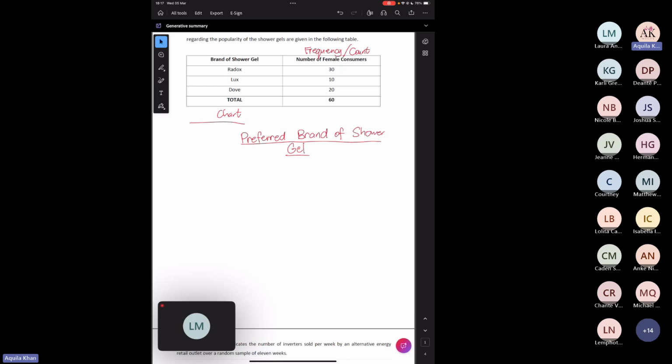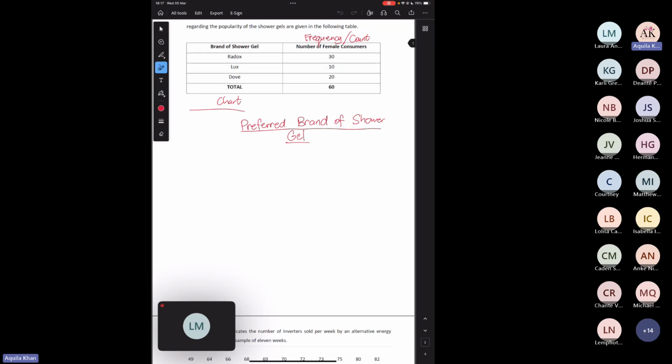So here you're going to add on two additional columns. I'm just going to make my own makeshift columns here. And what we're calculating in these two additional columns is firstly the percentage of your frequency, just converting that frequency or that count into a percentage.